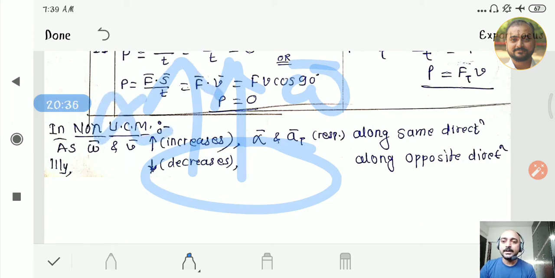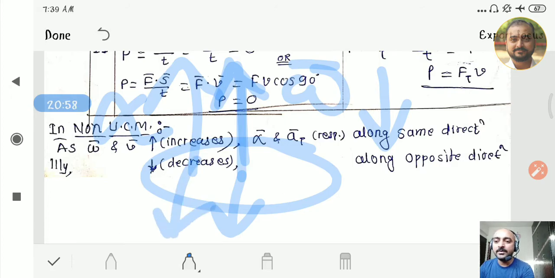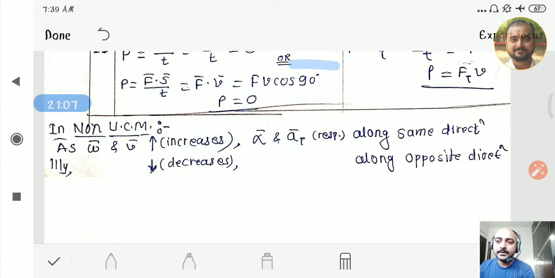But as you decrease omega, as you stop the rotation of the fan, as you switch off the fan, omega is going to decrease, and its direction remains the same. But in that case the direction of alpha is opposite to omega. Understand what I am saying?